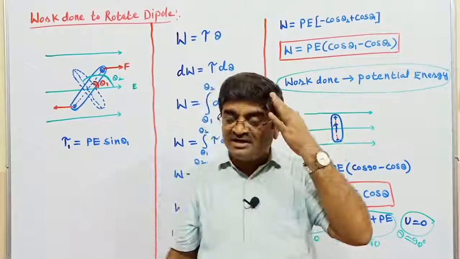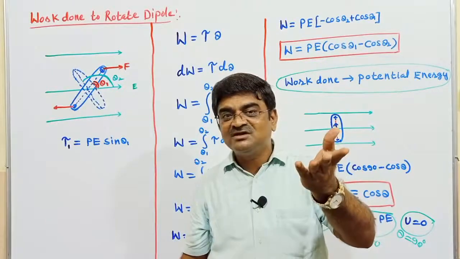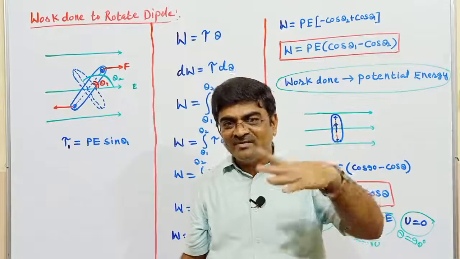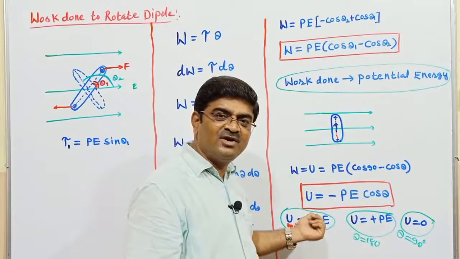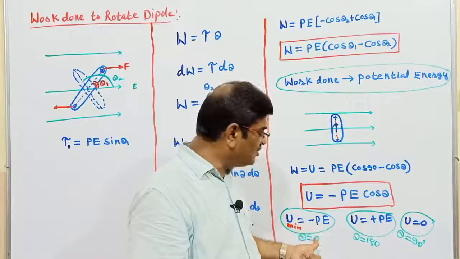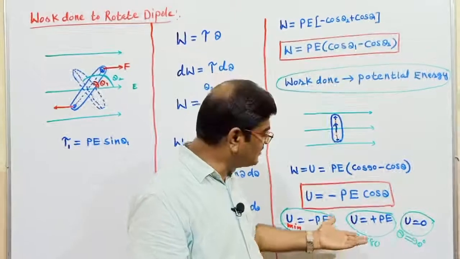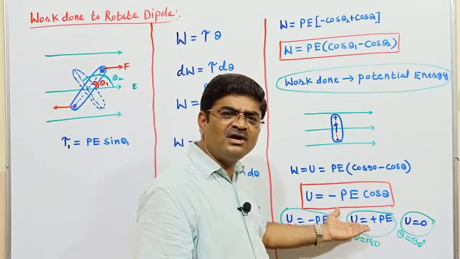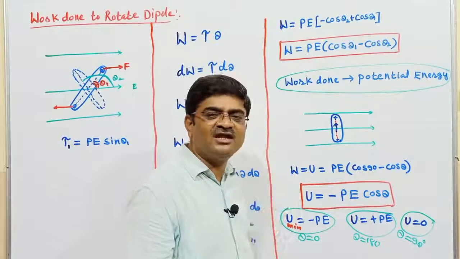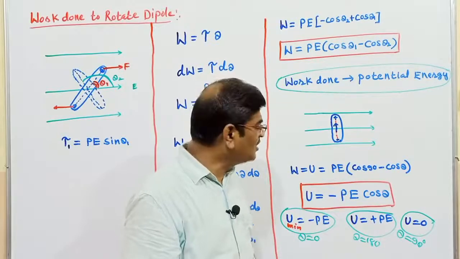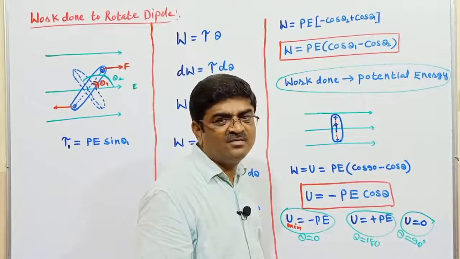Stability can be of two types: stable equilibrium and unstable equilibrium. Okay, I am talking about stability. The stability is more for the dipole with the minimum potential energy. The stability is less when the dipole is making 180 degrees. So this is to be understood and remembered properly.